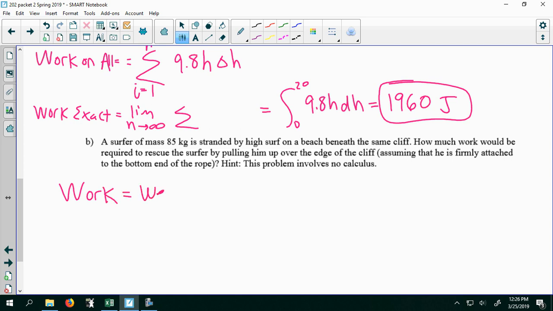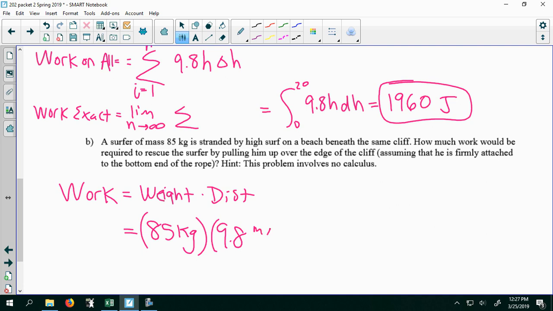So work is weight times distance. And the weight of this surfer is 85 kilograms, that's his mass, times 9.8 meters per second squared. So that's his weight, which is called newtons.